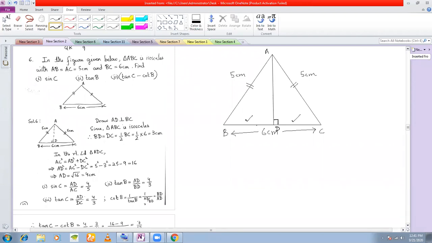The perpendicular you have to draw from the vertex joining the equal sides. This is one equal side, this is the other equal side, so both of these are meeting at A. So from A, if you are drawing a perpendicular to BC, only then these two will be equal, BD equal to CD. Otherwise, if you are drawing a perpendicular from C on AB, they will not be equal.